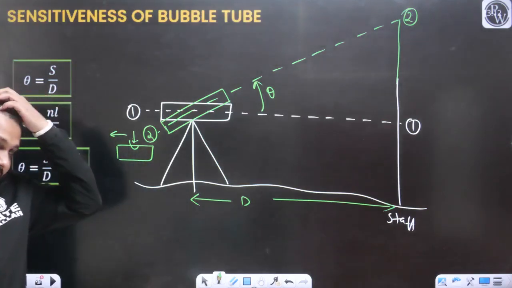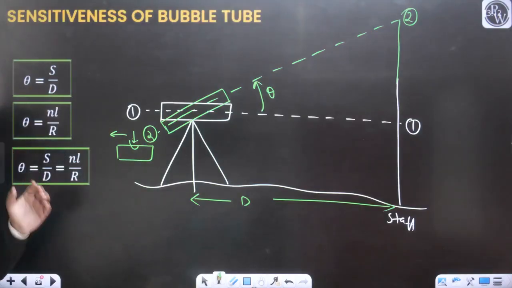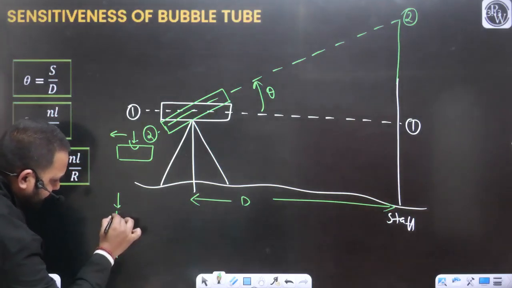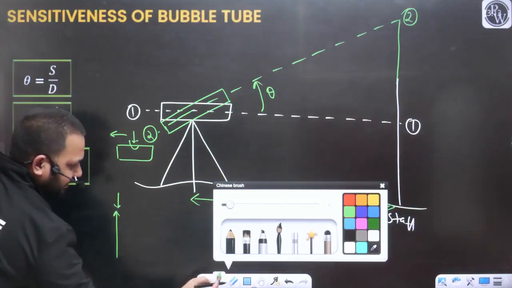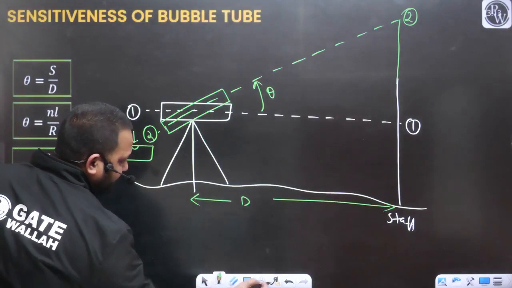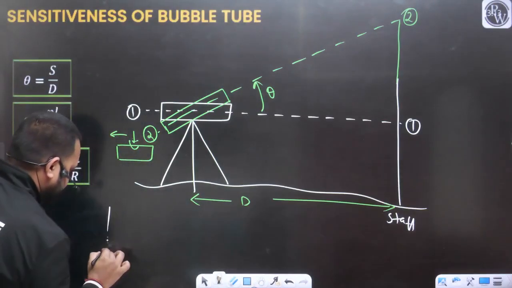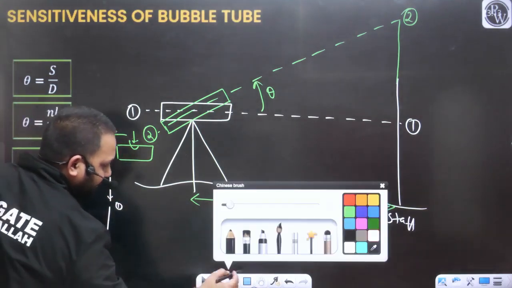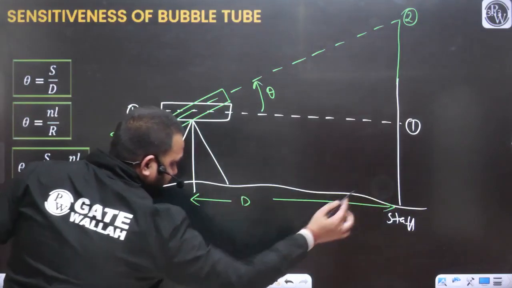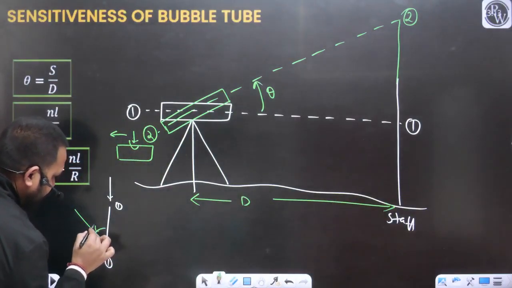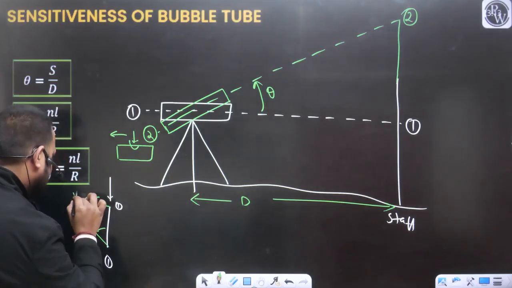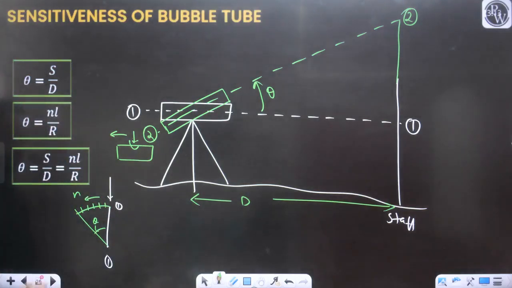Earlier the bubble was at the center, so let me use the same color so there will be no confusion. At 1-1, this was the condition of the bubble at the center. When we provided this rotation theta, due to this theta, let's say the bubble moved n divisions. So this is the condition at 2-2.